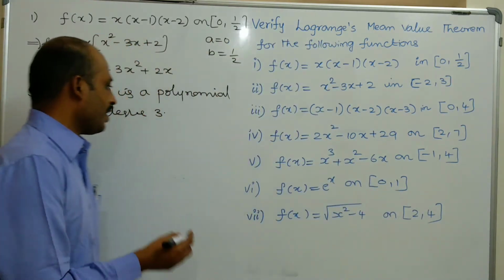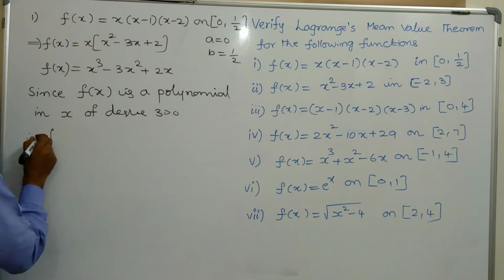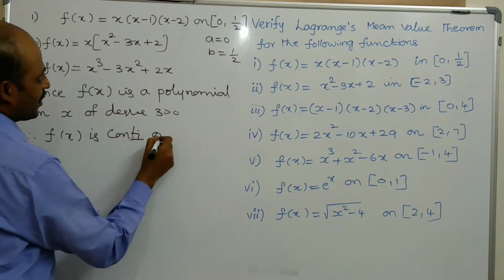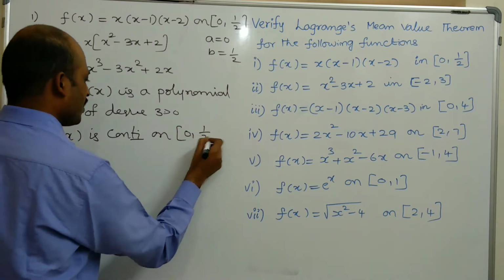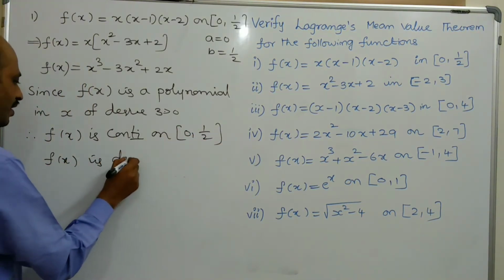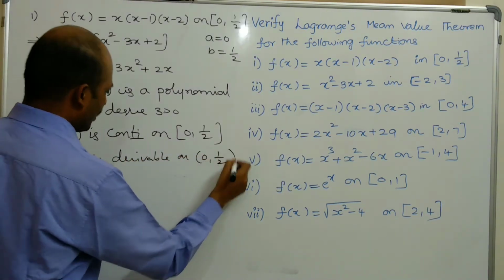So here f of x is a polynomial of degree 3 greater than 0. Therefore, f of x is continuous on closed interval 0, 1 by 2. F of x is derivable on open interval 0, 1 by 2.